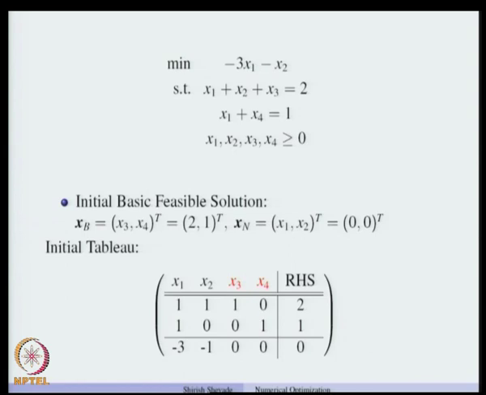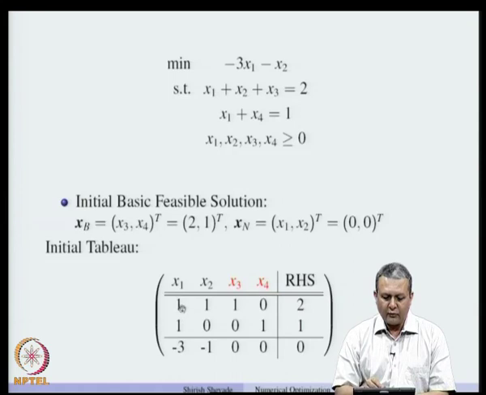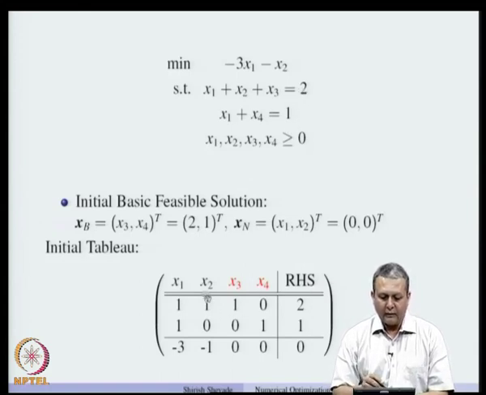Now, if we construct the initial tableau or initial matrix associated with this, there is a matrix A associated with this set of constraints, whose first row is 1 1 1 0 and the second row is 1 0 0 1, and the right hand side is 2 1, and the basic variables are denoted by x3 and x4 in the red color.